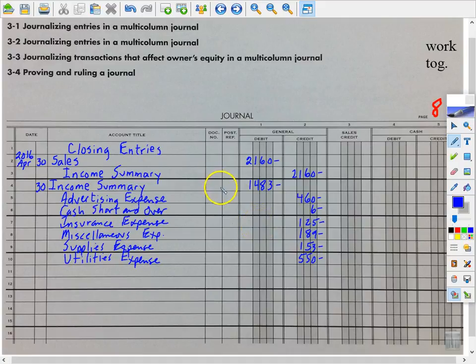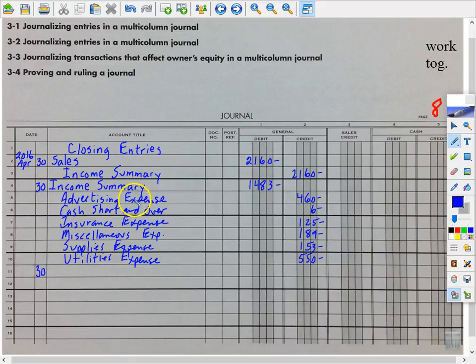Okay, everybody good on closing entry number 2? Any questions?